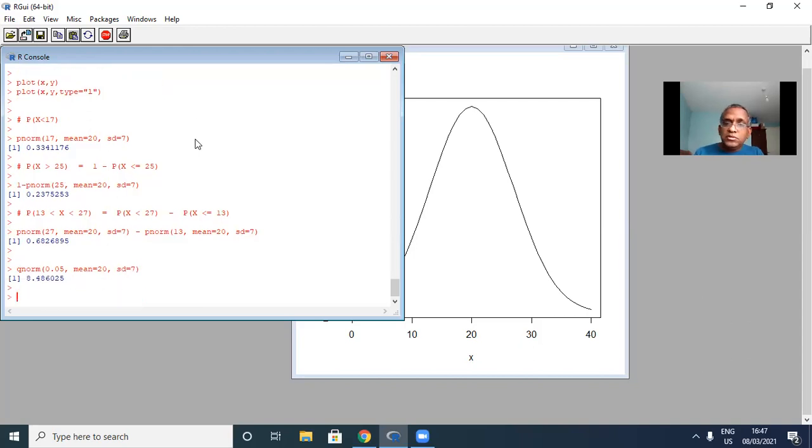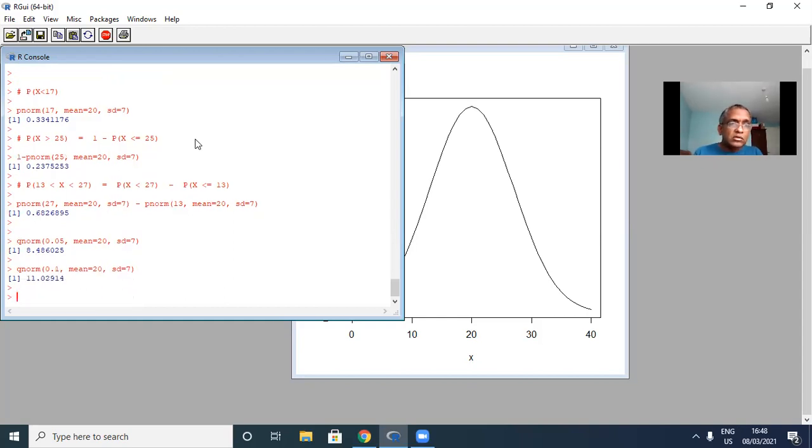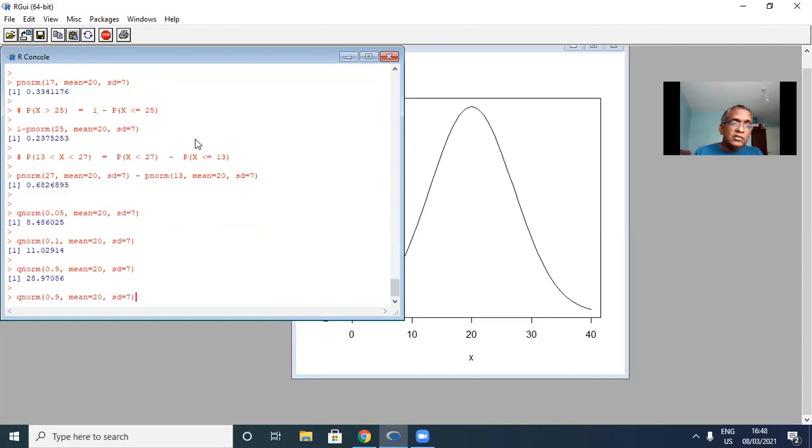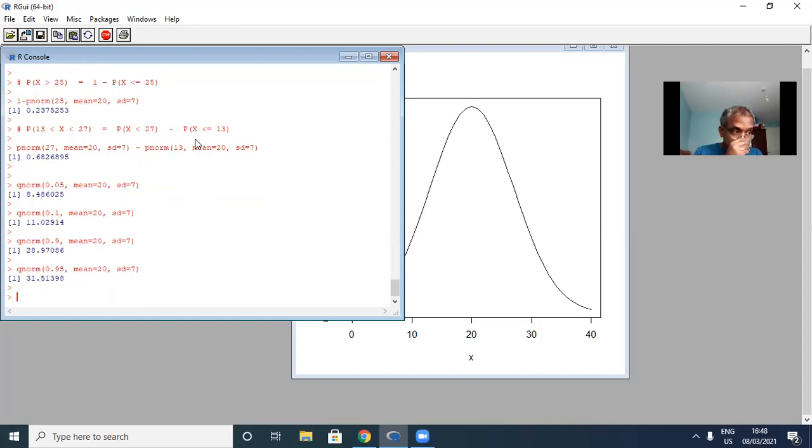So this is the 5th percentile of a normal distribution with mean equal to 20. Standard deviation is 7. To find the 10th percentile, you put 0.1. To find the 90th percentile, you put 0.9. To find the 95th percentile, you put 0.95.